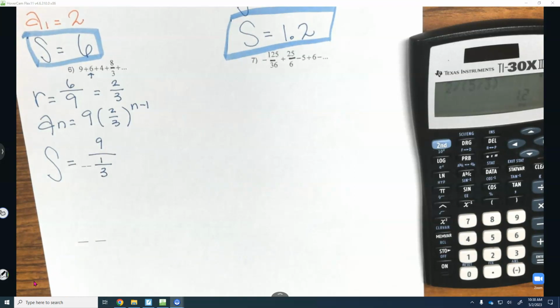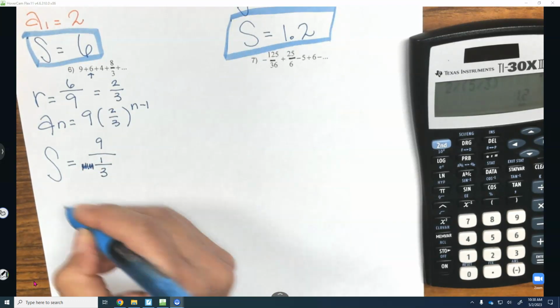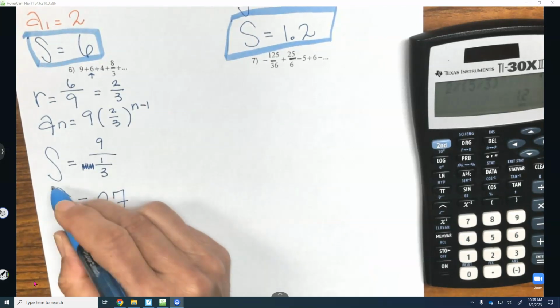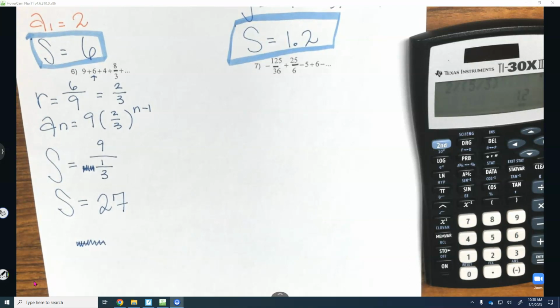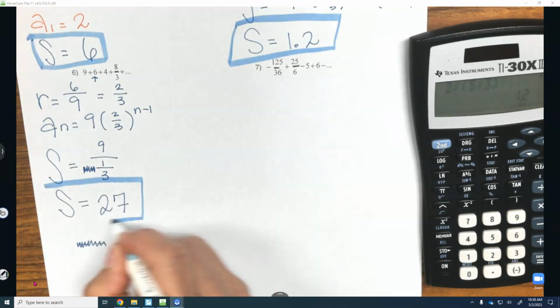You always do 1 minus the common ratio. So the sum is going to be, when you type that in on your calculator, you should get 27. 9 divided by 1/3 is 27.